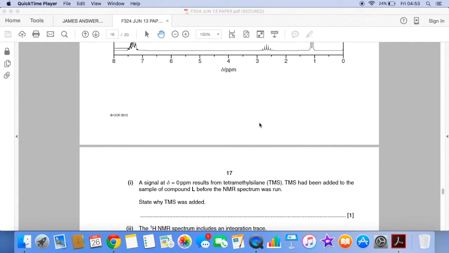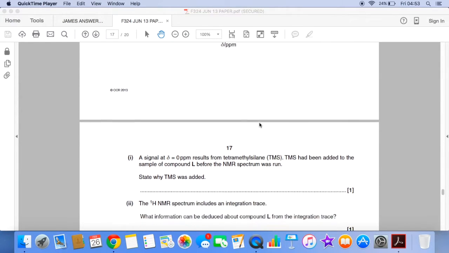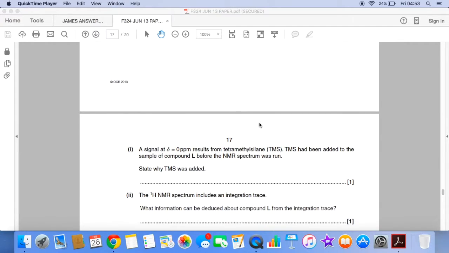So we have to state why TMS is added. What information can be deduced about compound L from this integration trace?